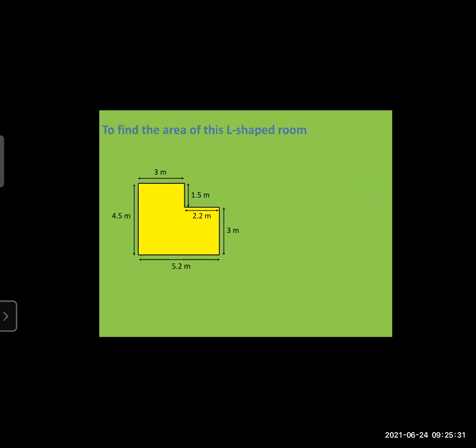Again, here to find the area of this, first we find the perimeter, then we find the area. So it's simple. How can we do this? See student, in this case, first we draw a line. If this one is 4.5, so again this one is 4.5. So we divide it into two parts. Clear? This one is a rectangle, and here is another rectangle.